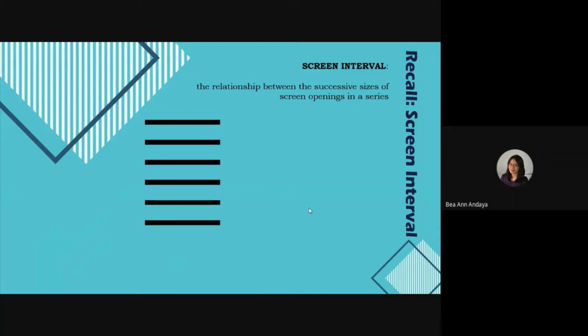So we have a series of screens up until the last screen. We designate screens with apertures or screen openings starting from the topmost, 10 inches, 9, 8, 7, 6, 5, up until our last screen, which has a 1 inch screen aperture.